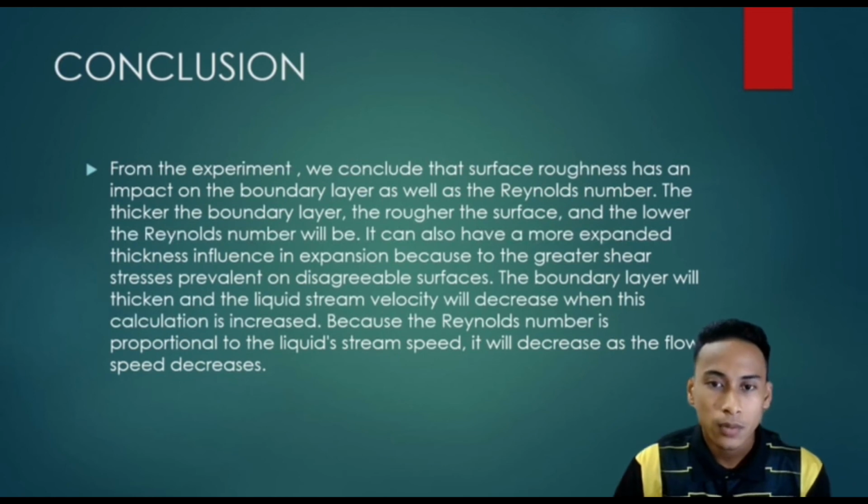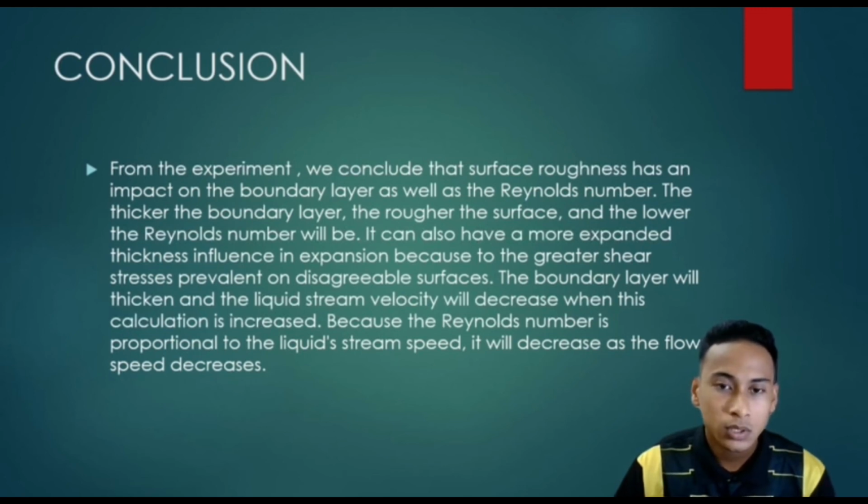It can also have a more expanded thickness because of the greater shear stress prevalent on the rough surface. The boundary layer will thicken and the fluid stream velocity will decrease when this is increased.